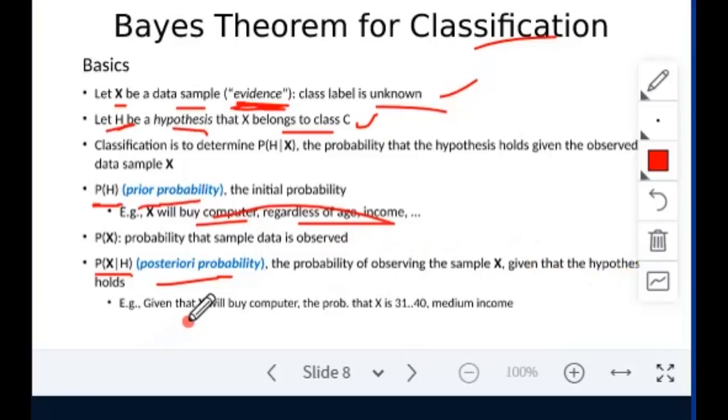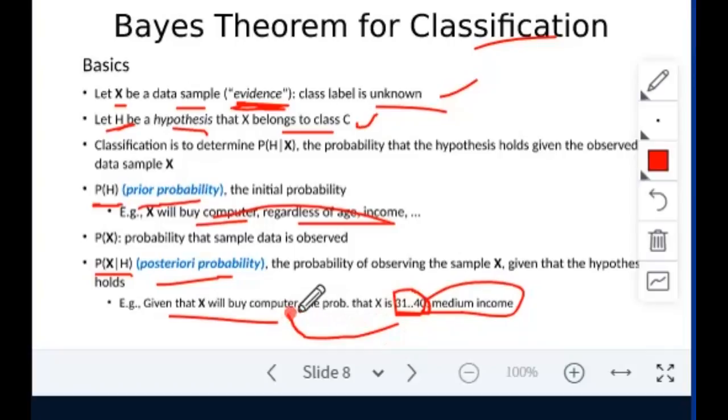That means, given that X will buy a computer, the probability that X has age between 31 and 40 and medium income. So the attribute values are so and so: if the age is between 31 and 40 and the income is medium, the person will buy the computer.